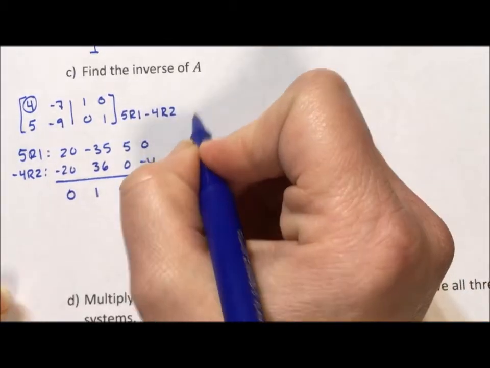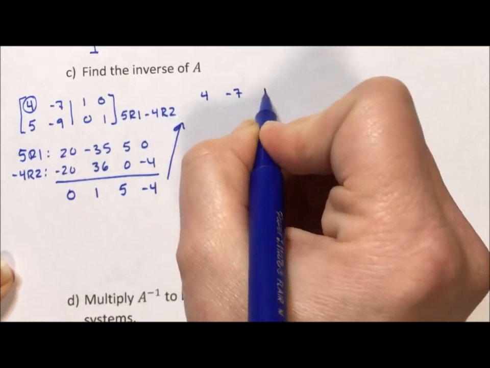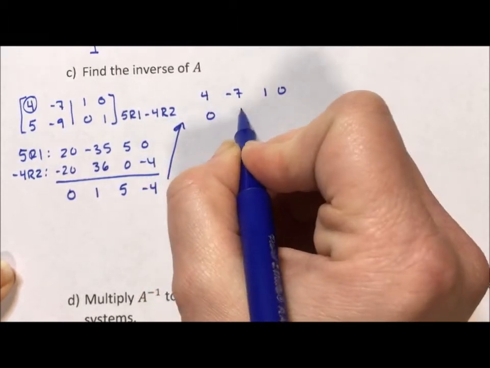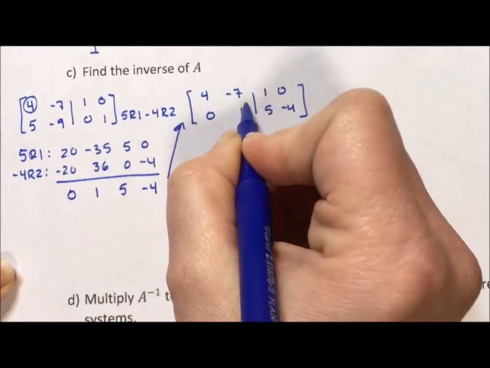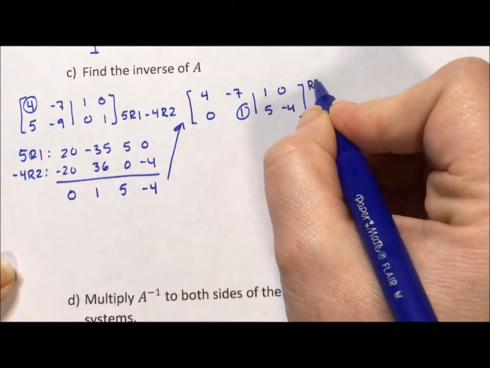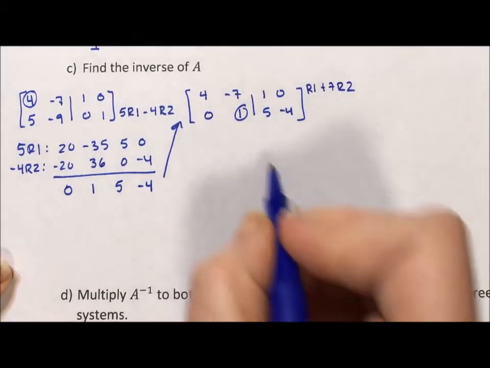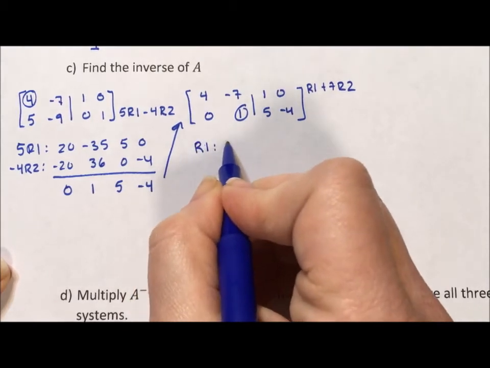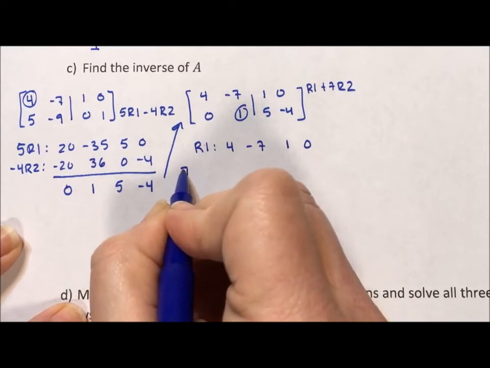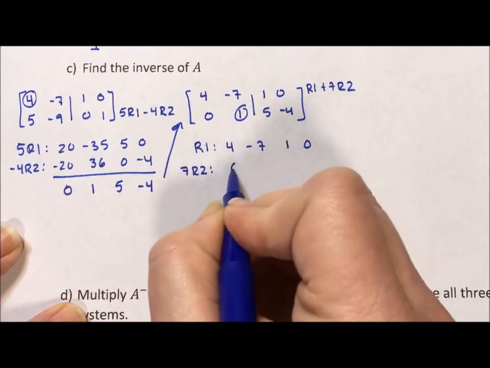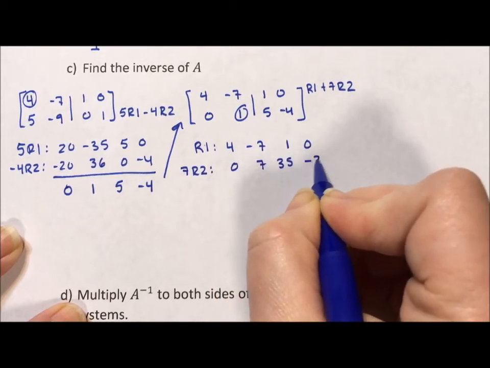Okay, so we're going to come up here with this. We didn't change the first row: 4, -7, 1, 0. Row 2 is 0, 1, 5, -4. We pivot on the 1. So we just say row 1 plus 7 times row 2. Row 1 is 4, -7, 1, 0. And 7 times row 2 is 0, 7, 35, -28.